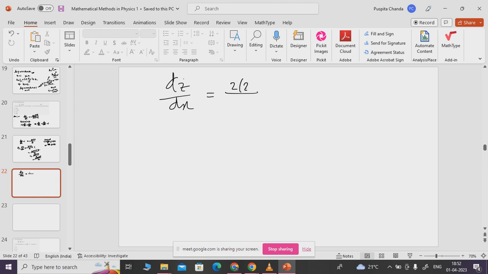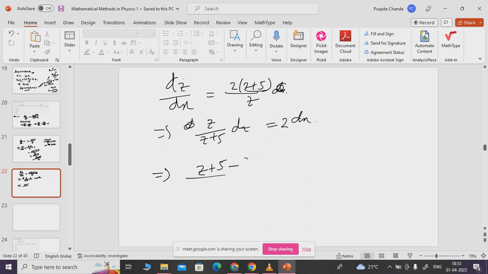So dz/dx equals 2 into (z plus 5) by z. We need to separate the variables: z by (z plus 5) dz equals 2 dx.